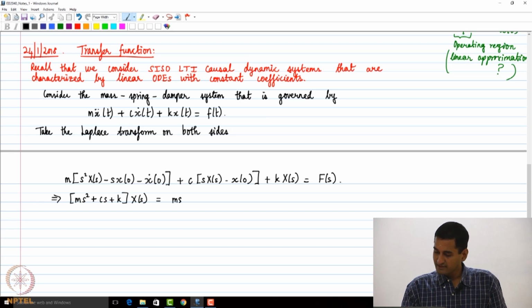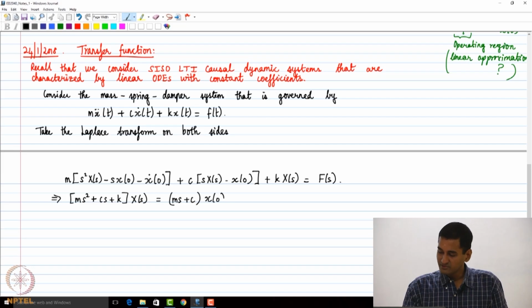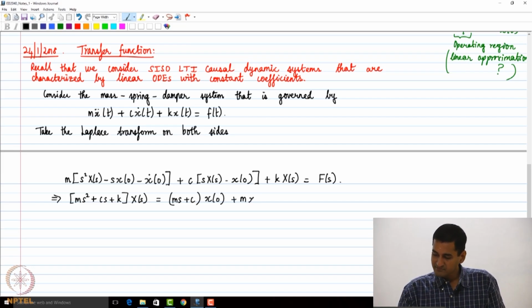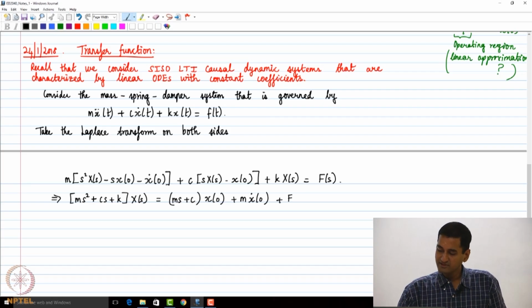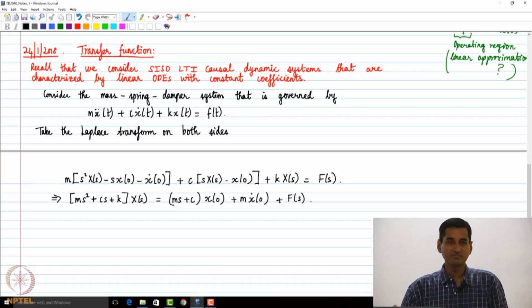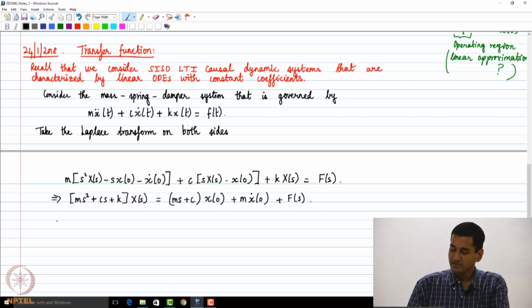So I am going to get ms plus c times x0, right, plus m x dot 0, right? So that's what I am going to get as far as the initial conditions are concerned. Then we are going to have the inhomogeneity, right? So f of s, the force term, correct?